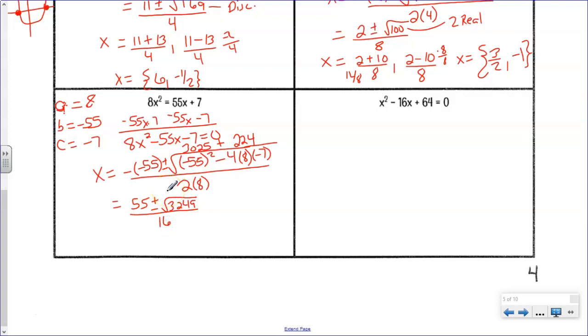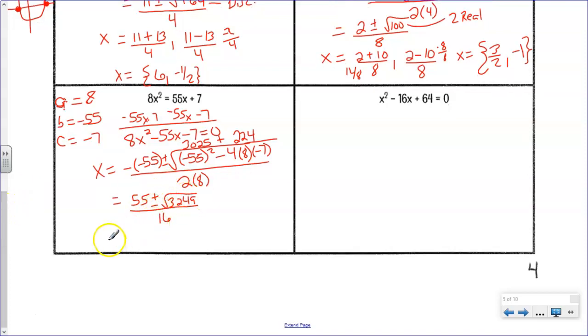If you take your calculator and take the square root of 3,249, you get 57. So we were nice. It does not always come out a nice one, but we'll be practicing those later. So we get 55 plus 57 over 16, and 55 minus 57 over 16. Again, they may be big numbers, but we give you a calculator.